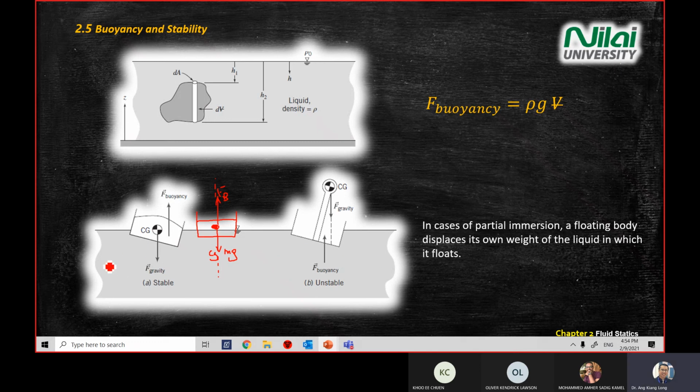And remember that for floating vessels we can use buoyancy, because the equation rho gV, where V is the volume displaced by the vessel, or the part that goes inside the water, times rho g, results in the buoyancy force.